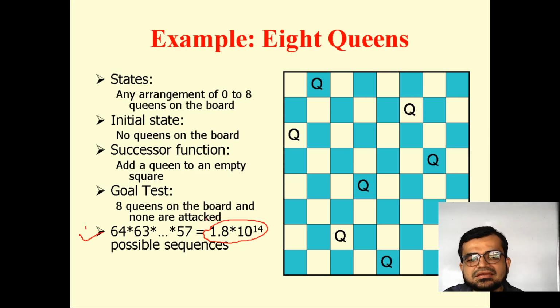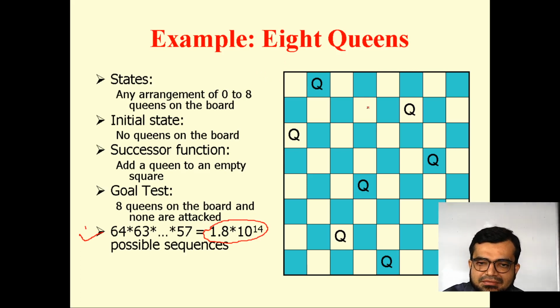So these are just the maximum number of possible sequences, and they are provided without considering that they can violate the rules. For example, if you are taking the first queen, 64 positions are fine.